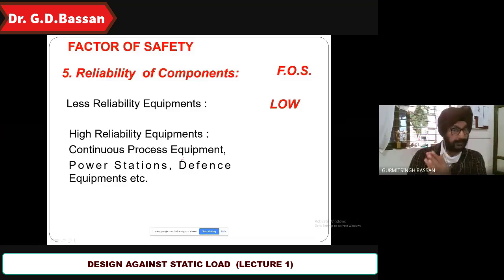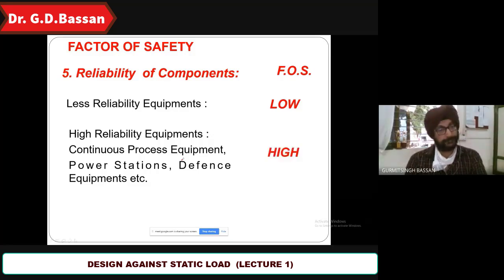In that condition, the reliability of the machine should be high. Even power stations: generation of power or electricity, we can't stop it. It is 24 hours work. So in these conditions the reliability is very high. When you take the reliability high, the factor of safety should be more, that is high.